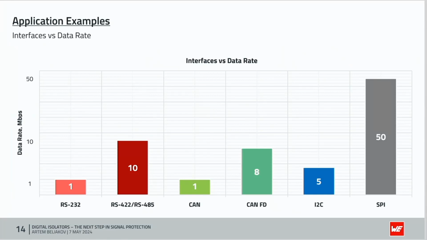On this slide, you can see the most popular on the market interfaces with data rate indication. First interface is RS-232 with data rate up to 1 megabit per second, but usually the data rate is much lower, less than 500 kilobit per second.